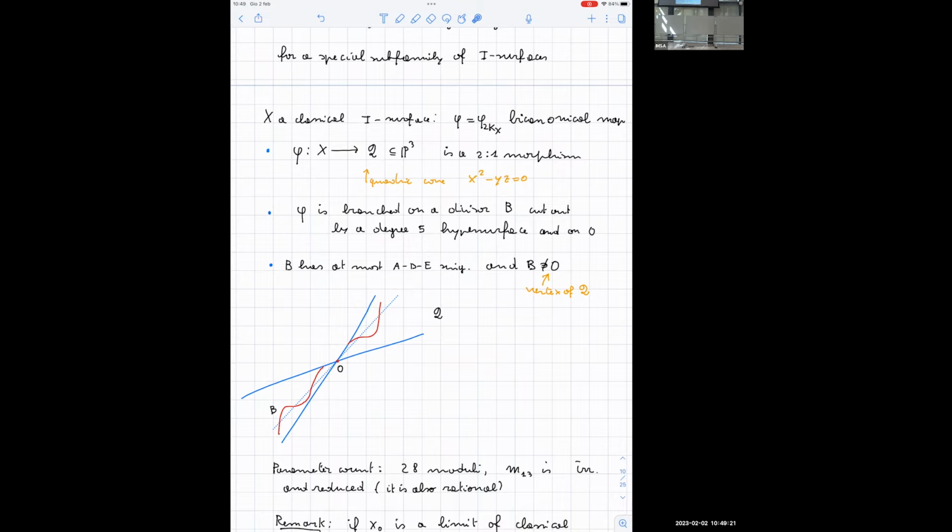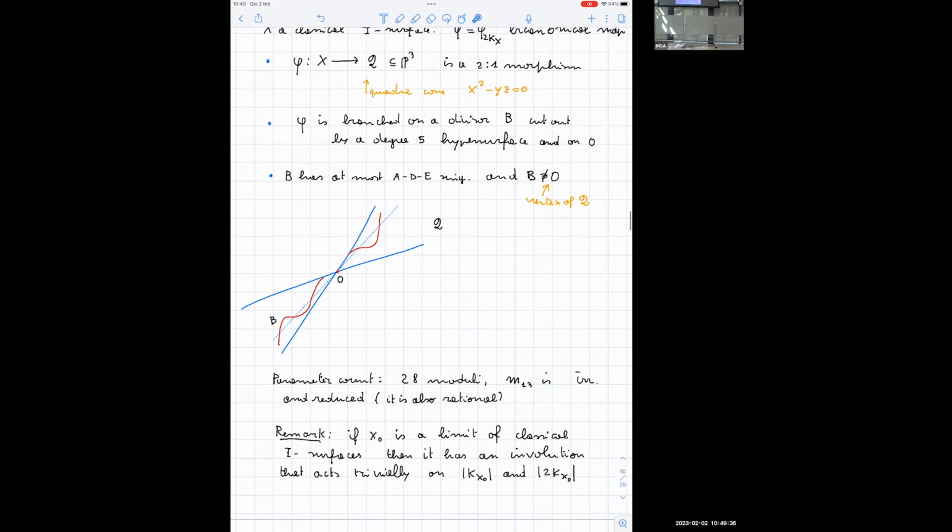In order to have canonical singularities for X, the branch locus must be either smooth or have so-called simple singularities, ADE singularities. You can easily count parameters, and you find that the construction depends on 28 moduli, and M_{1,3}, which is the moduli space of classical I surfaces, is irreducible, reduced, actually it's rational.